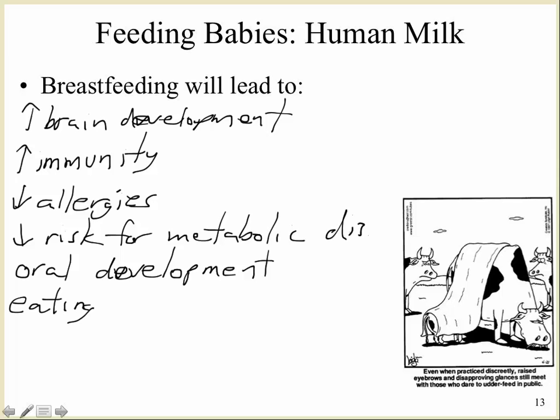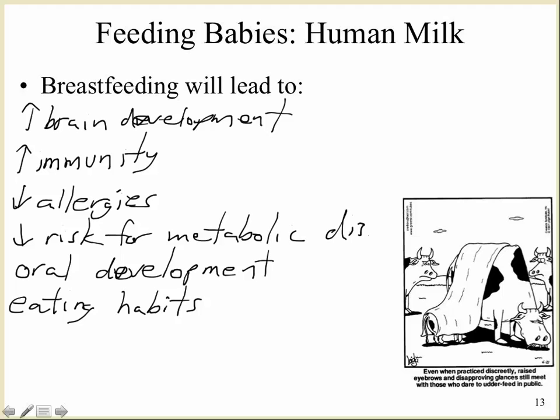The other one is eating habits. Okay, when you breastfeed, because I have extensive experience with this, there's a lot of moving parts here. The baby has to be hungry, the mother has to let down the milk, the supply has to match the demand. But babies, we know, have a much more controlled eating pattern when they're breastfed.